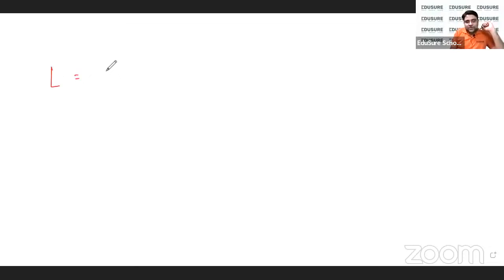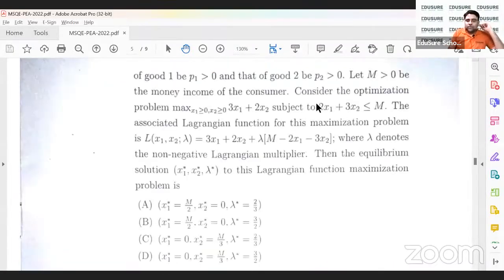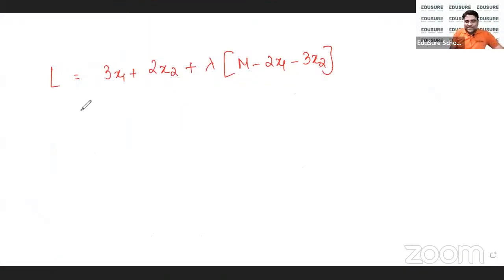So the Lagrange function is basically 3x1 plus 2x2 plus lambda times (m minus 2x1 minus 3x2). This is what we have. Just verify. Now, the Kuhn-Tucker solution basically says that the first order conditions should be less than or equal to 0 for optimization.